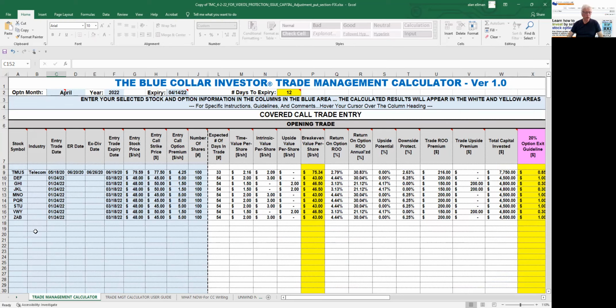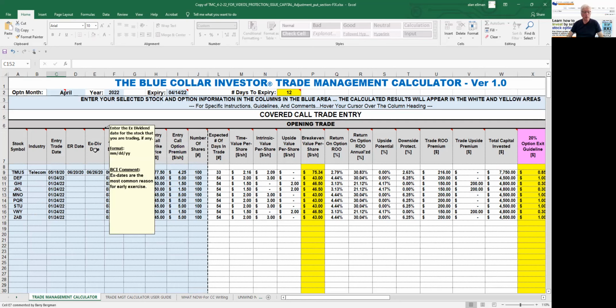And for our trade entries, we put in the stock symbol. You can also put in things like the industry, the earnings report date, and the ex-dividend date, as well as the expiration date. Now, inherent in this spreadsheet are definitions and information on the titles. So all you do is put your cursor over the title of each column, and it will give you what that particular title represents.